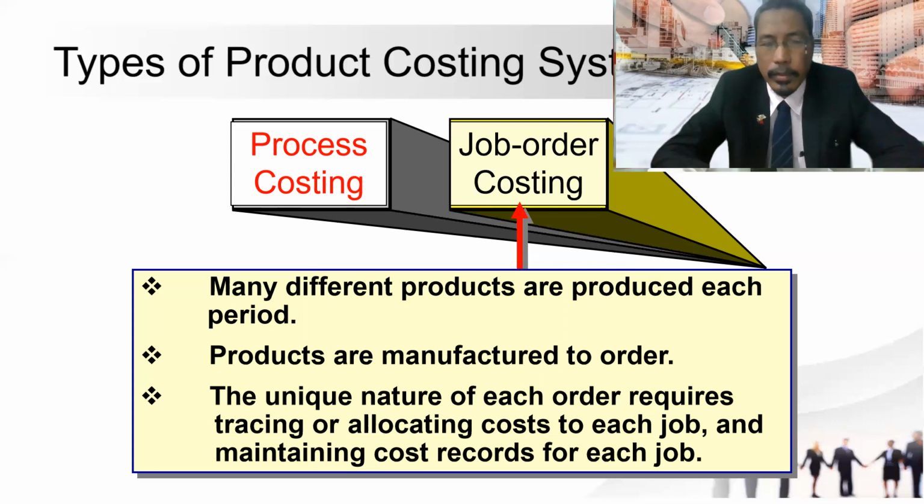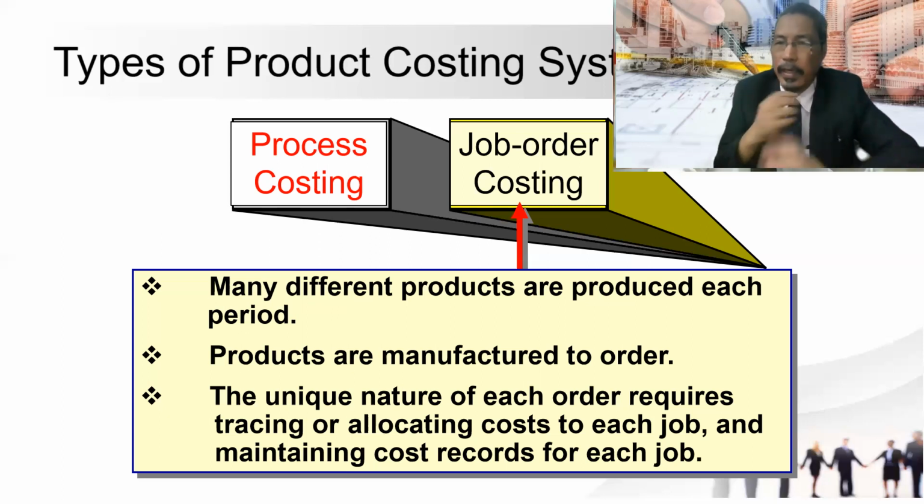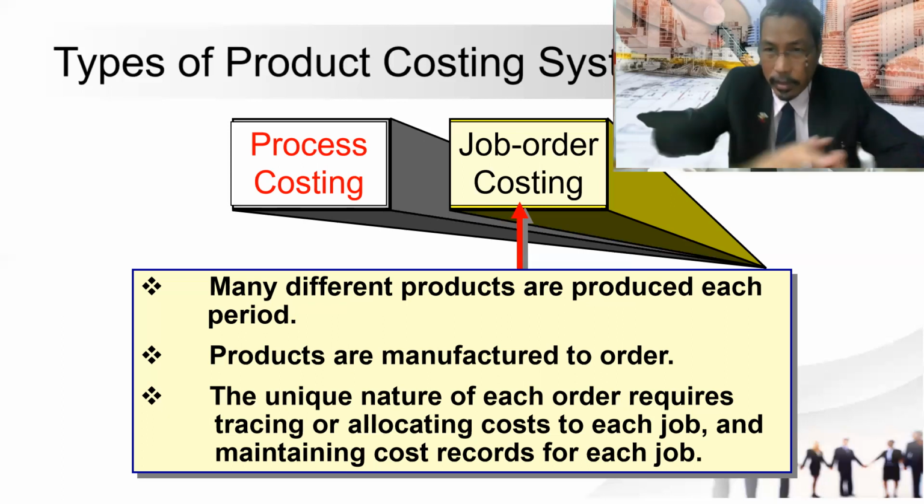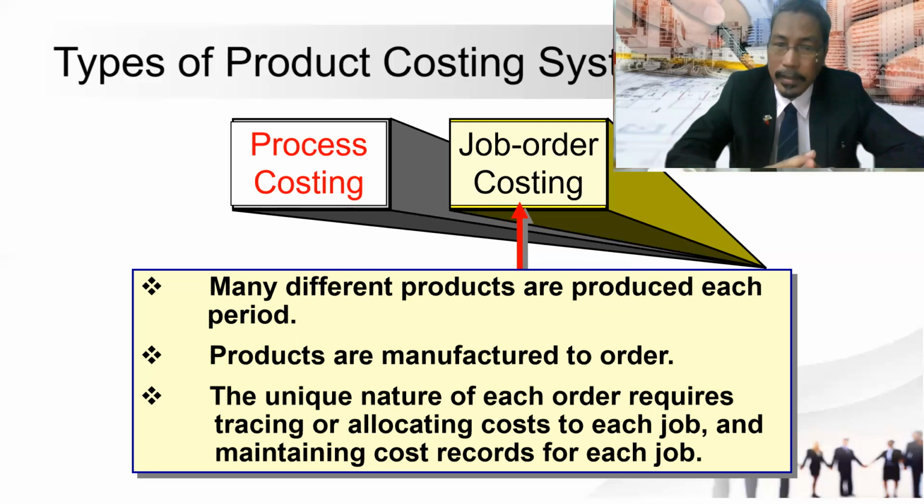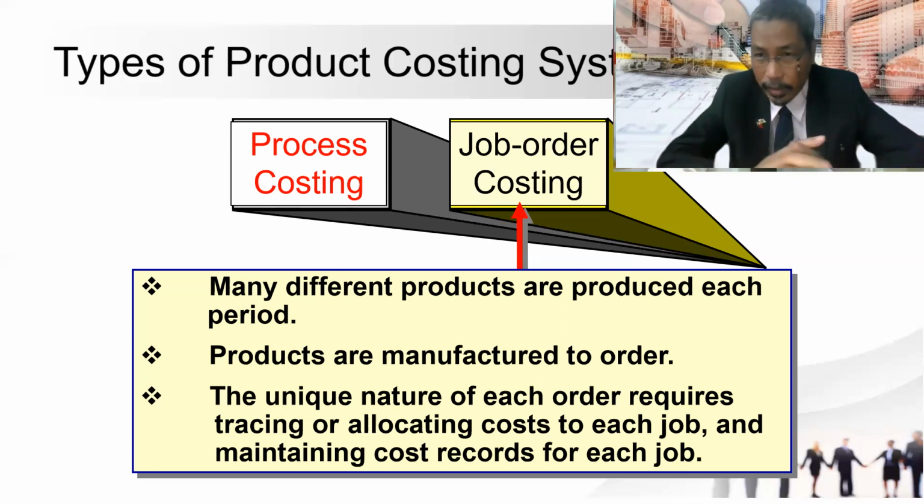The unit nature of each order requires tracing or allocating cost to each job and maintaining cost records for each job. So there are specific details for each job order that are not necessarily the same as the previous job, because there are different clients and different requirements.